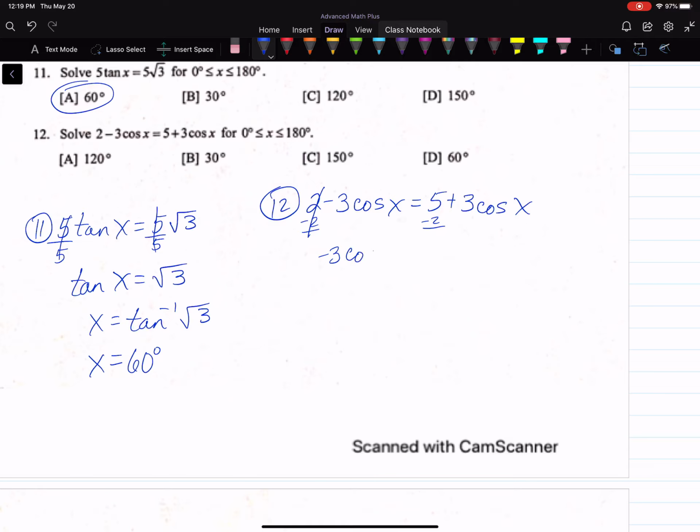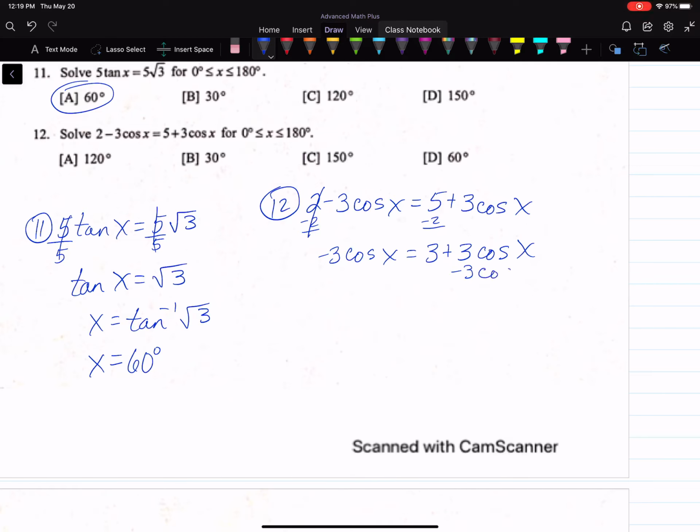It'll be negative 3 cosine x equals 3 plus 3 cosine x. Subtract my 3 cosine x over to get it with its buddy. It'll be negative 6 cosine x equals 3, because those cancel.